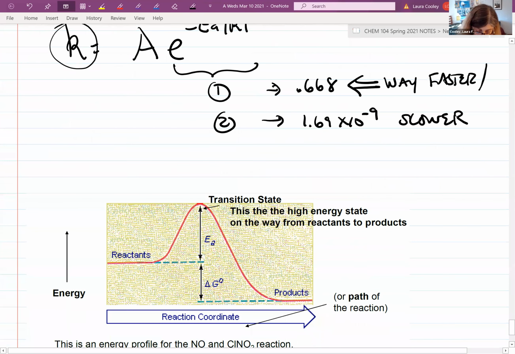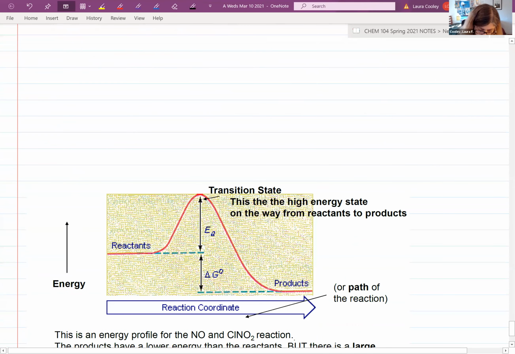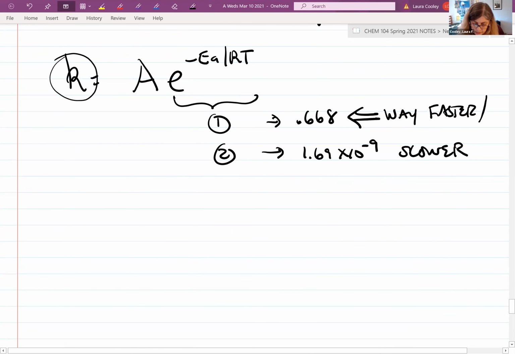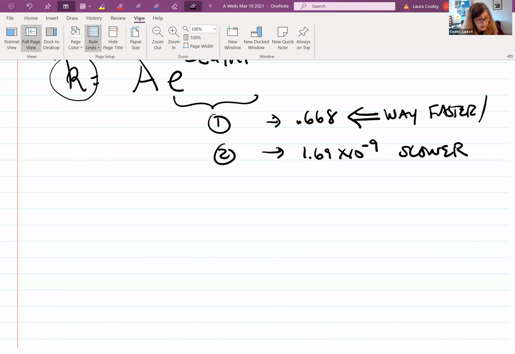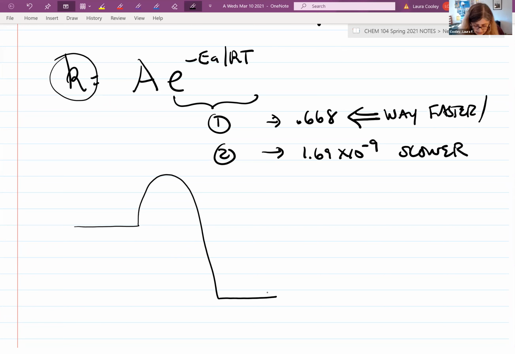Okay, need some more space here. All right. So it's as if molecules collide and they try to get over that barrier, but they just don't have the energy to do it. It's almost like maybe you're watching one of those competitive shows, where they have this humongous obstacle course, and they try to get over that hump and they can't.